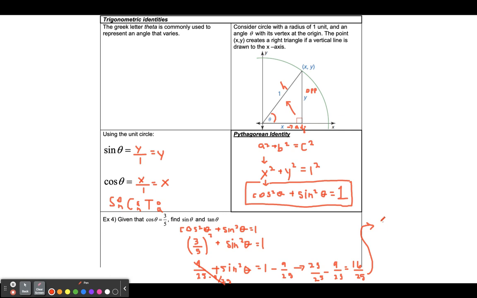So now I have sine squared theta is equal to 16 over 25.